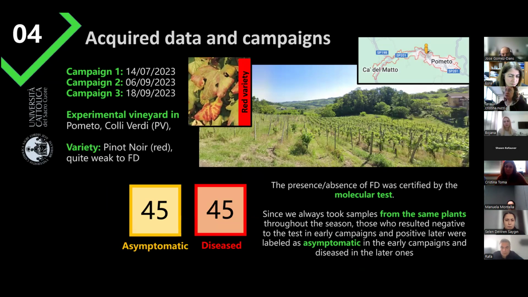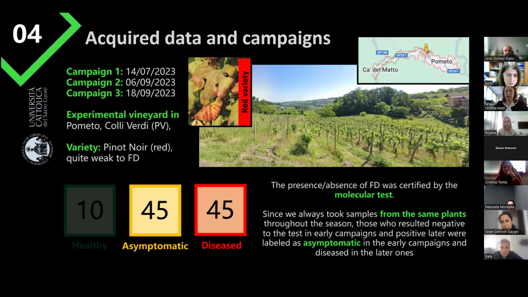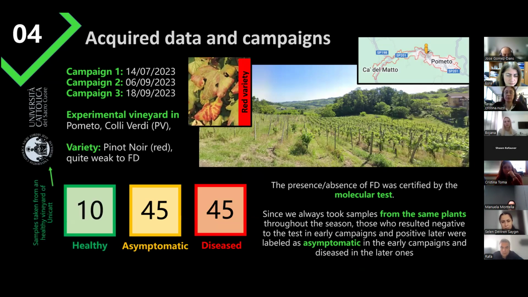We conducted three campaigns and collected some leaves from the field. In total, we collected 100 leaves that we labeled according to the results of the chemometric test conducted in a laboratory. To be sure of the asymptomatic samples, we checked if in a later campaign the plant was positive to the disease.